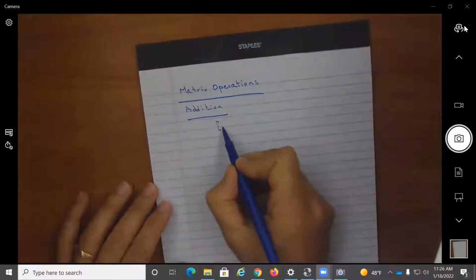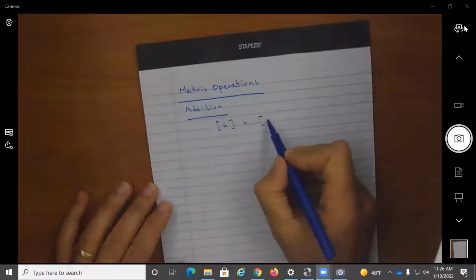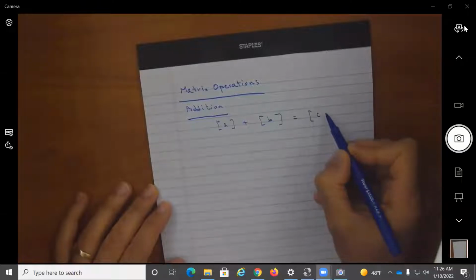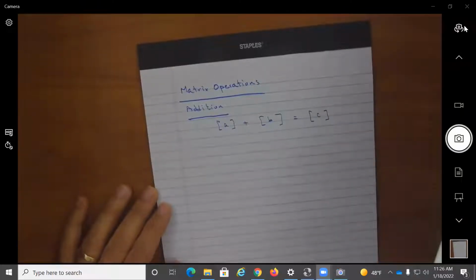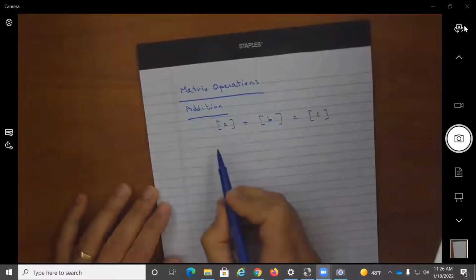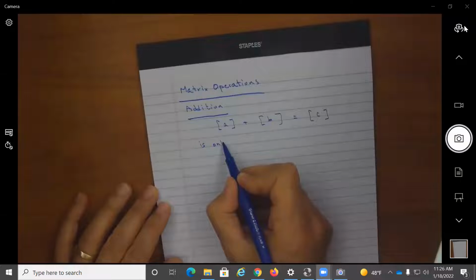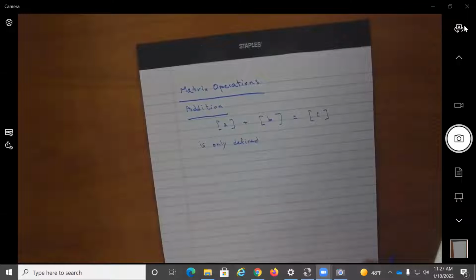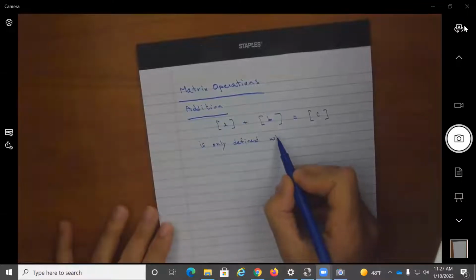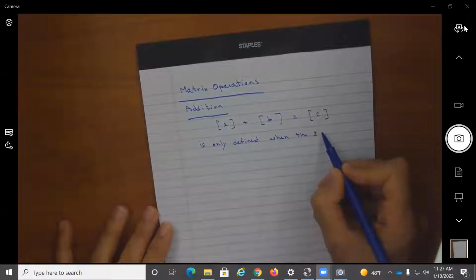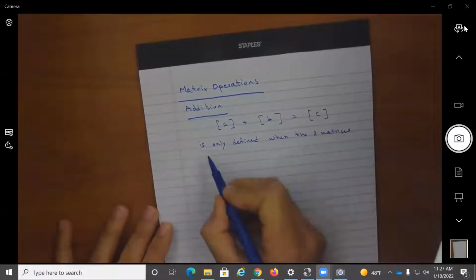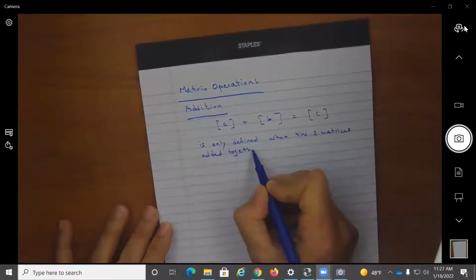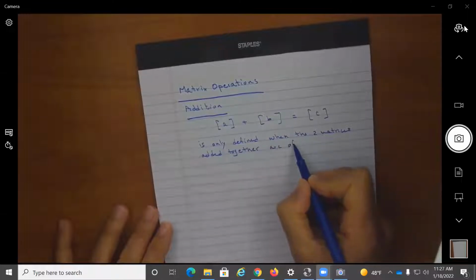Where we can do A plus B, and the outcome is going to be a third matrix C. Addition is only defined when the two matrices that are added together are of the same order.